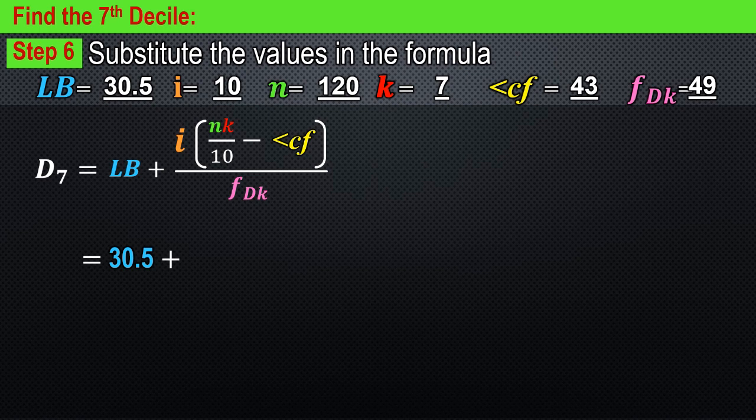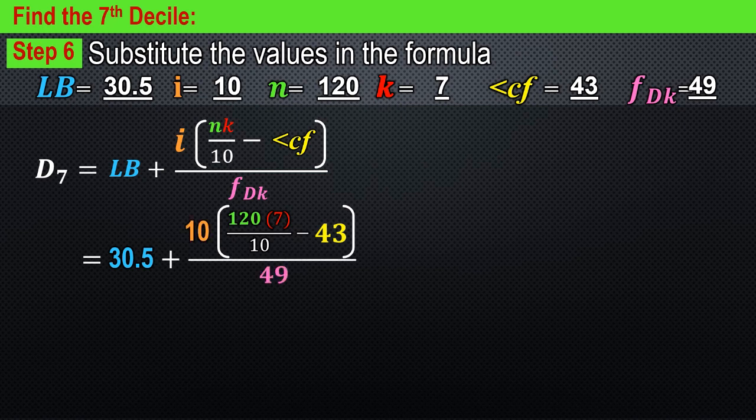For our lower boundary, we have 30.5, N is 120, K is 7, less than CF is 43, I equals 10, and FDK is equal to 49. Now remember, you need to solve first the numbers inside the parentheses.